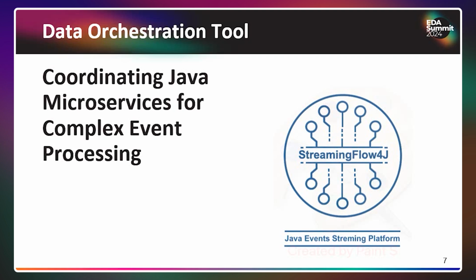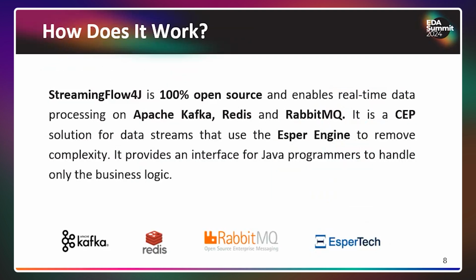This is StreamCode4J. It is 100% open source and enables real-time data processing with Kafka, Redis, and RabbitMQ.